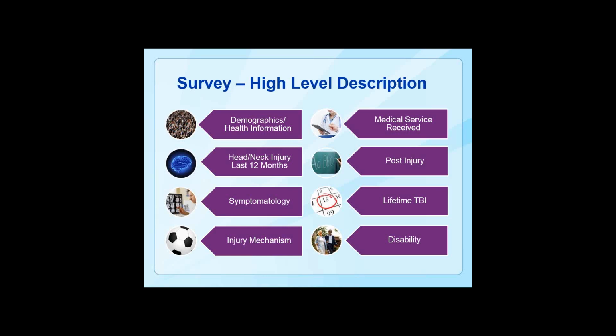Additionally, we ask about nausea, headaches, feeling dizzy or uncoordinated, blurred or double vision, or having trouble paying attention. We also ask about difficulty thinking clearly or remembering new things, sensitivity to light or noise, changes in personality or mood, and changes in sleep.